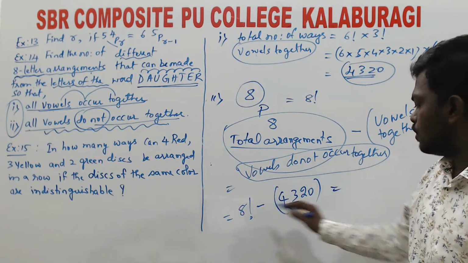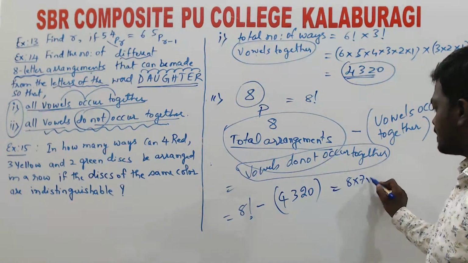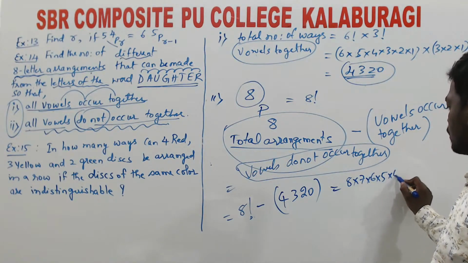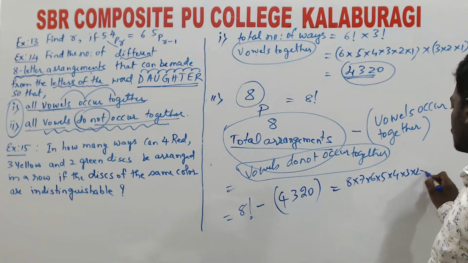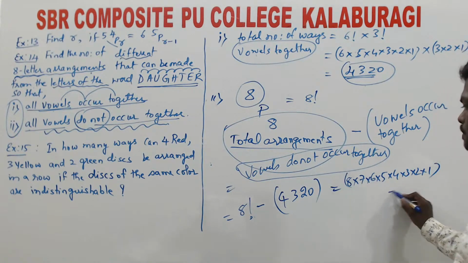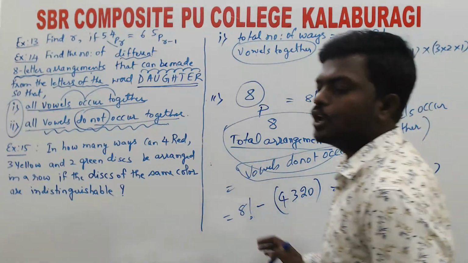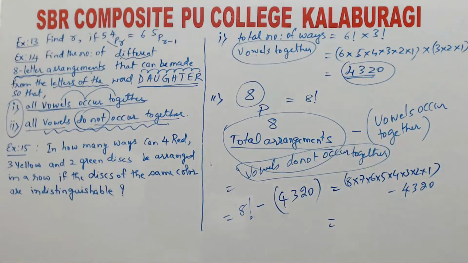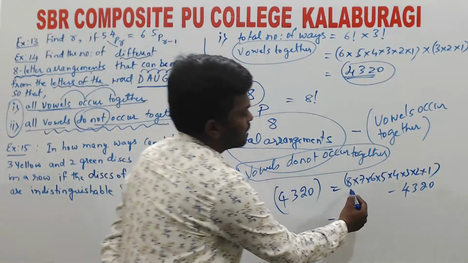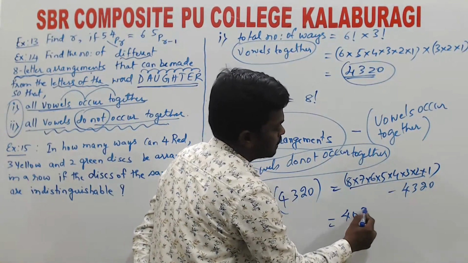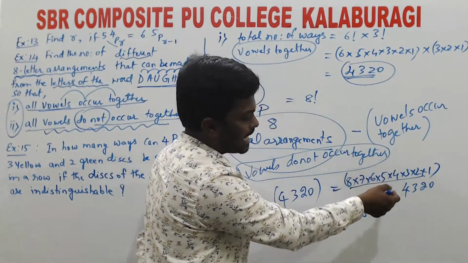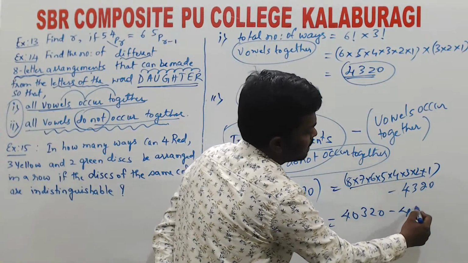8 factorial is nothing but 8 into 7 into 6, 5, 4, 3, 2 into 1, minus 4320. Just multiply and see what the answer will be. When you multiply 8 factorial, you will get 40,320. It will take time, that's why I'm writing it directly.